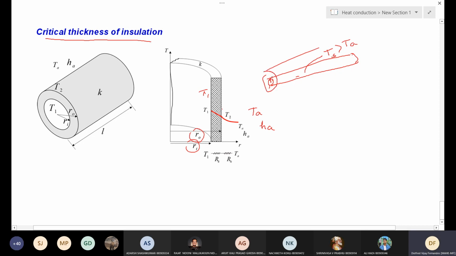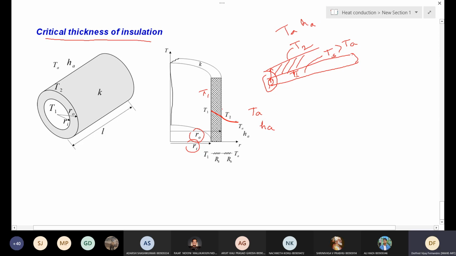This is R1 and the outer radius is R2. Here the temperature is T1 and this temperature is T2, and then there is a fluid, air, with the convective heat transfer coefficient hA.